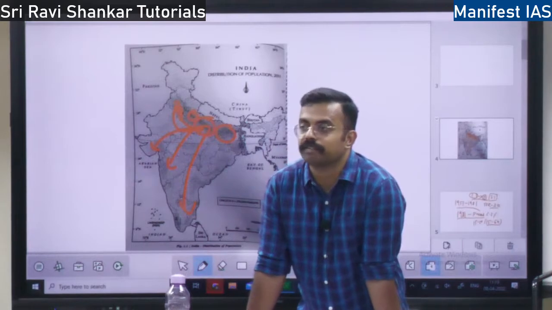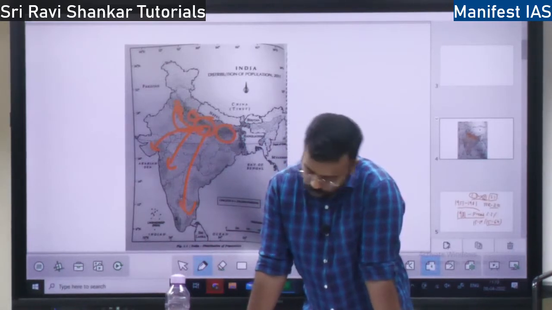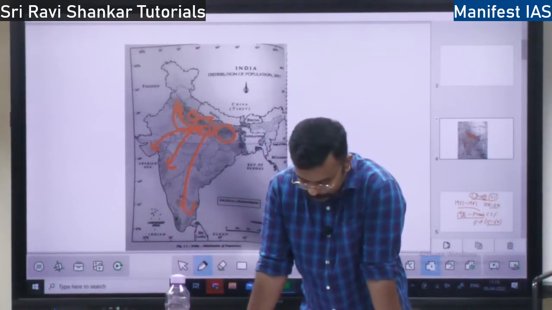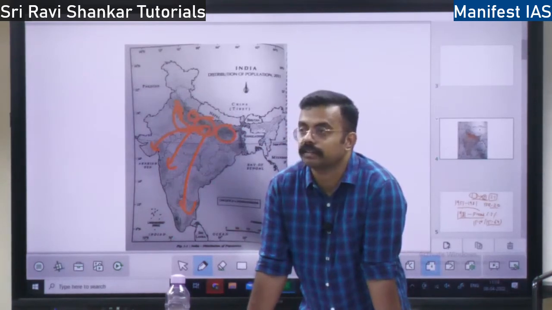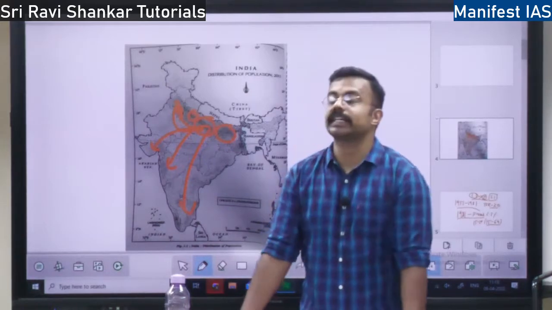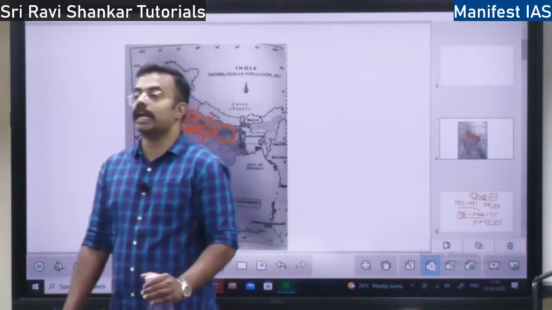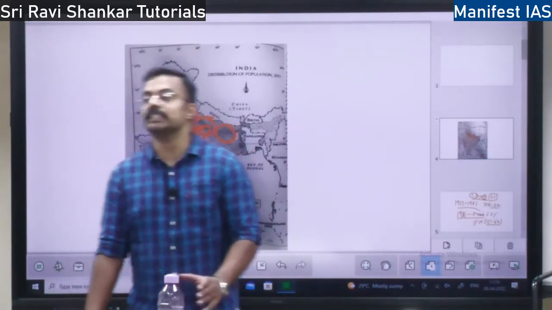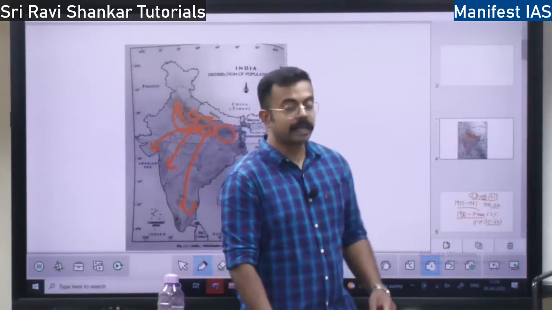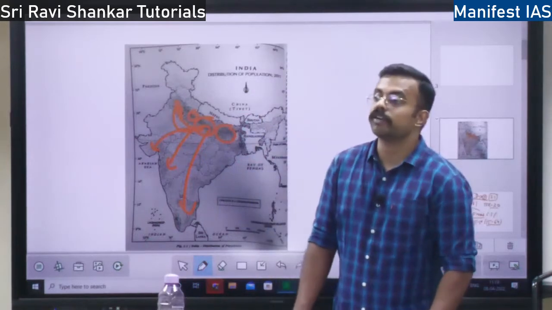Intrastate is within the state. Within the state you will find females constitute the highest number of migrants in intrastate migration. Why do females migrate? Because of marriage.